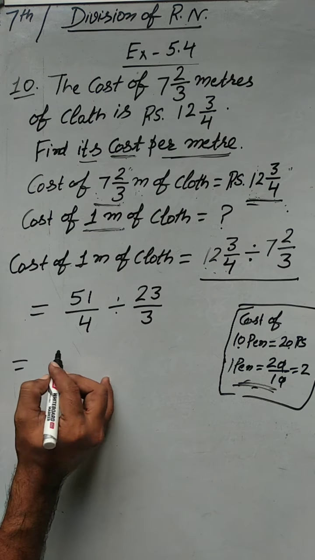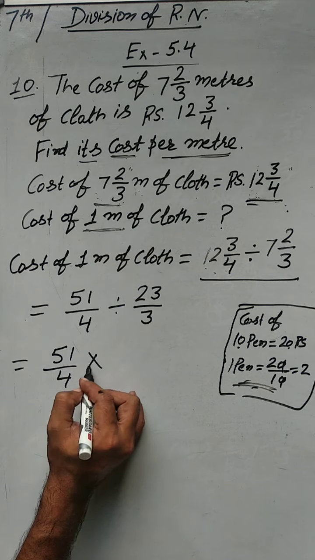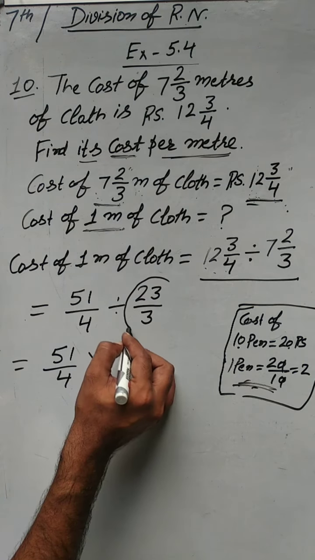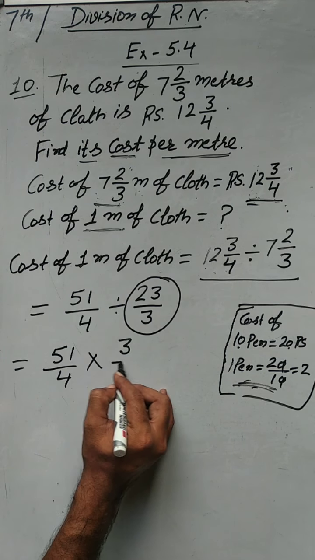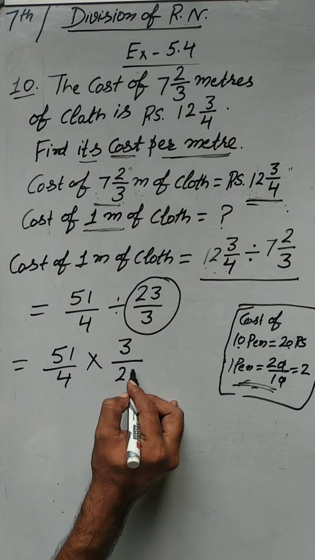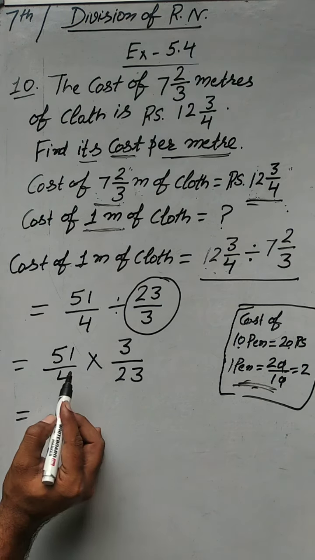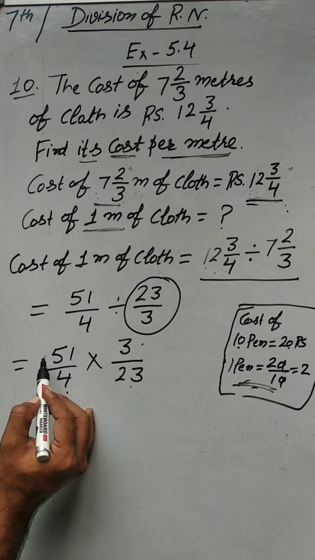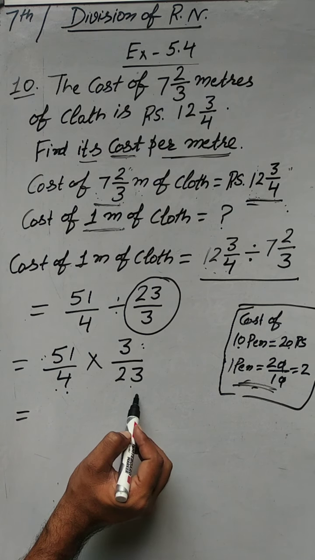Understood? Now 51 upon 4, division will change into multiply, and here we will write the reciprocal of 23 upon 3. Its reciprocal will be 3 upon 23. Understood, beta? Now look, is anything common between numerator and denominator? Nothing is common. So simply multiply numerator with numerator and denominator with denominator.